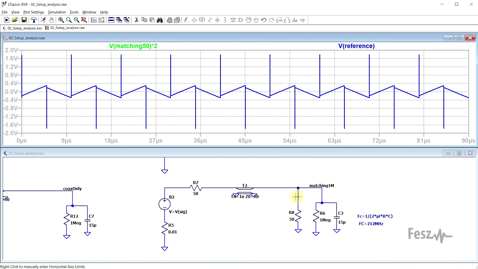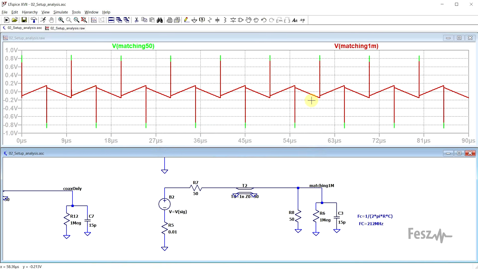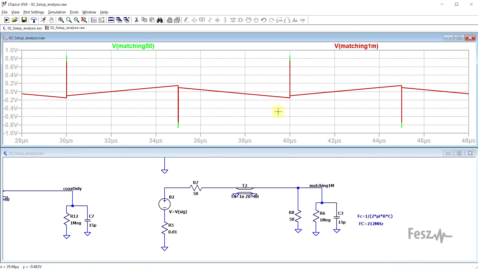Now, if we apply the same principle to our 1 megaohm oscilloscope, so in case the oscilloscope does not have a built-in termination, and you just add in the 50 ohms externally, we can see that we get more or less the same behavior, but the high frequency noise is a bit attenuated. The series resistance that we've placed and the parallel oscilloscope's capacitance is forming a low-pass filter.